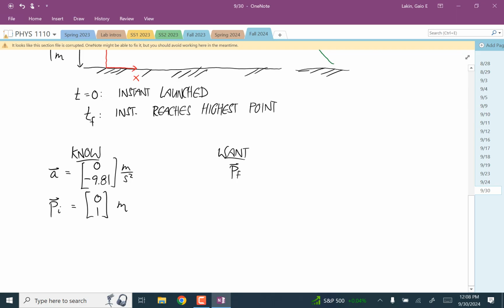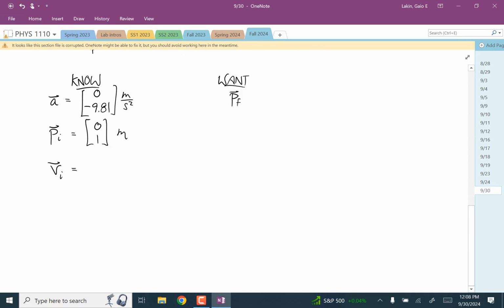Do we know the velocity at time 0? Yes, we can figure that out using the angle and the speed. So we're going to do that like this. If I draw the coordinate system and put the tail of the vector at the origin, we know that this vector has a length of 10.